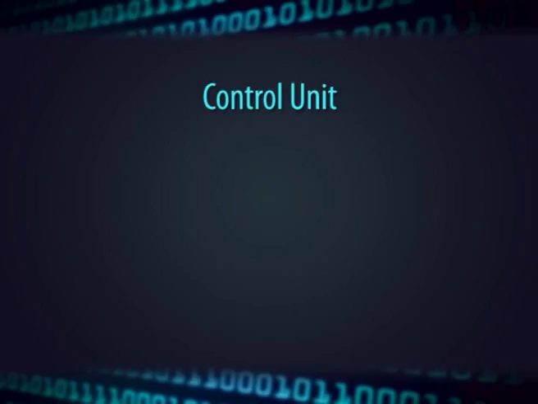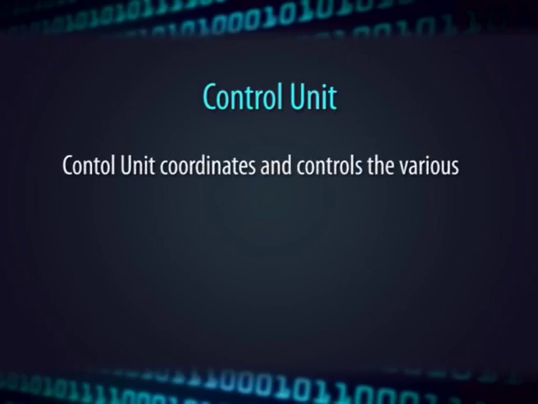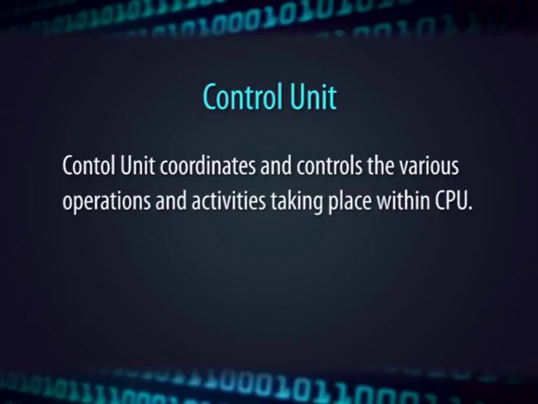The second important component is control unit, which coordinates and controls the various operations and activities taking place within the CPU. For example, in order for the ALU to perform arithmetic operations on two numbers, the first step is to transfer the input operands from registers to the input of ALU.